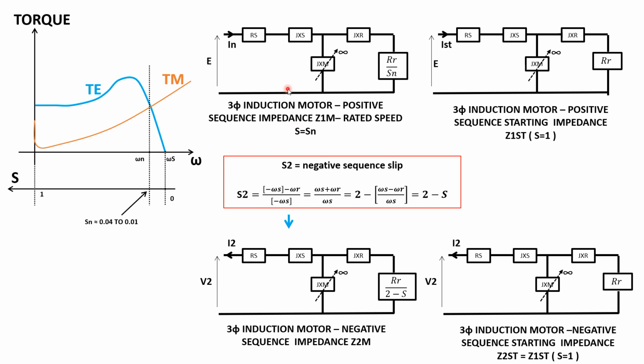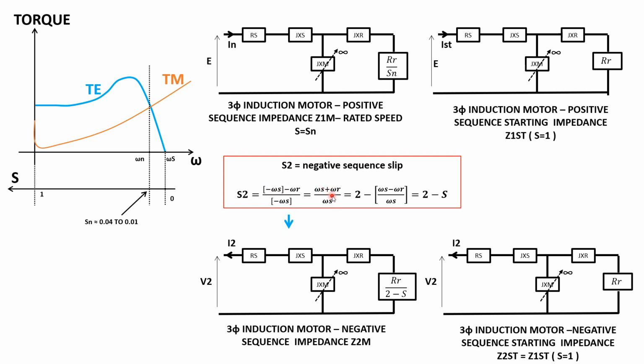So what's going to be the negative sequence equivalent of the induction motor? In the negative sequence, one of the easy ways is, when we're writing down the slip equation, we should put minus omega s for negative sequence, because it's creating the synchronous speed in the opposite direction. So instead of putting omega s minus omega r divided by omega s, we put minus omega s minus omega r over minus omega s.